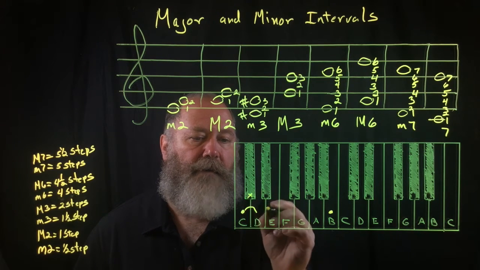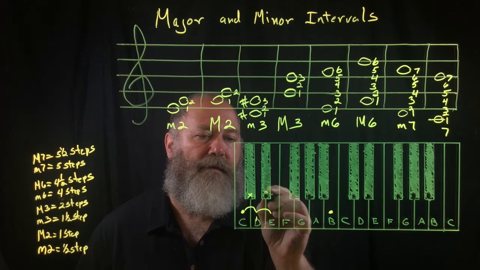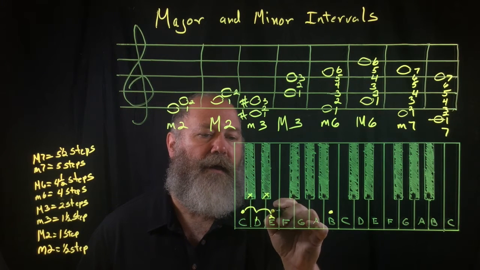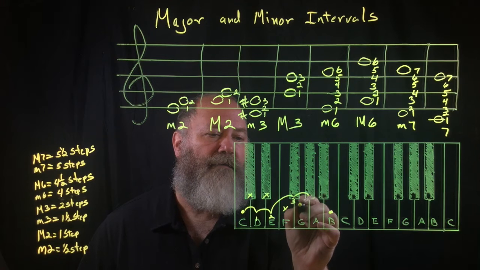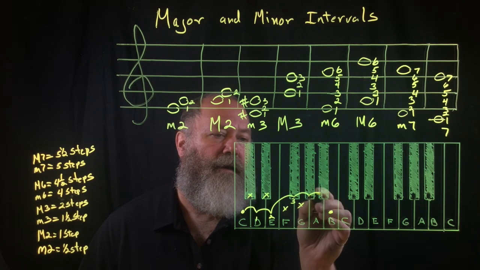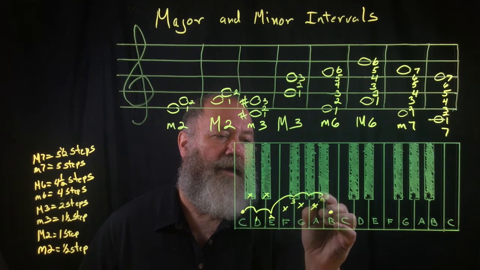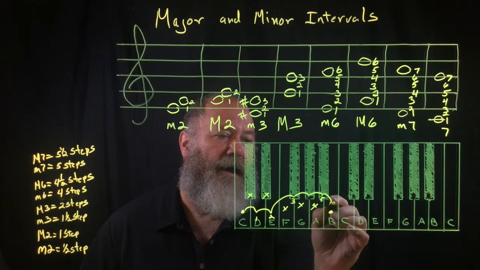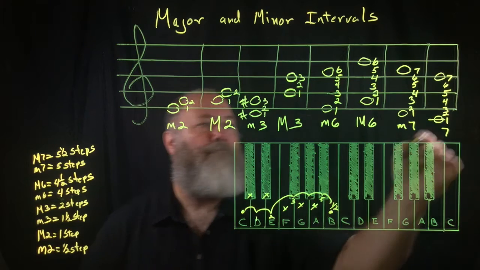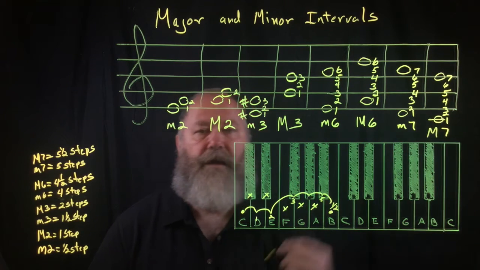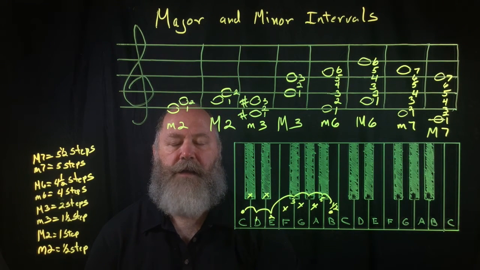That's 1 because we skipped that. That's 2 because we skipped that. That's 3 because we skipped that. That's 4 because we skipped that. That's 5 because we skipped that. And that's a half. So 5.5 steps is a major seventh, so capital M7. So that's how your major and minor intervals will work.